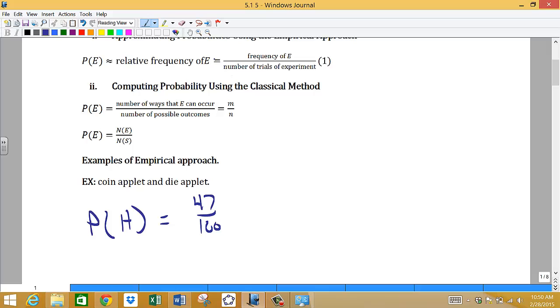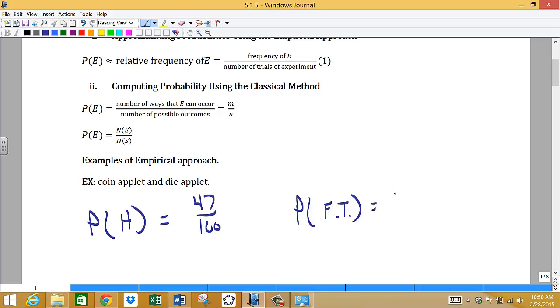Now if you wanted to look at maybe the probability that Steve Nash makes his next free throw, so let's just say probability Steve Nash makes a free throw. Free throw we'll abbreviate here. Well, that would just be the number of times that he's made a free throw.